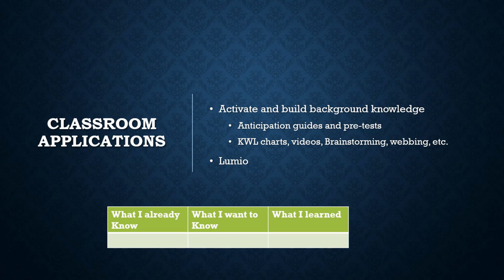And then once I've built up background knowledge, I can allow my students to bring in their own background knowledge and build it up using the KWL charts, brainstorming, and webbing to make those connections between those files in the filing cabinet that exist and what they are reading.